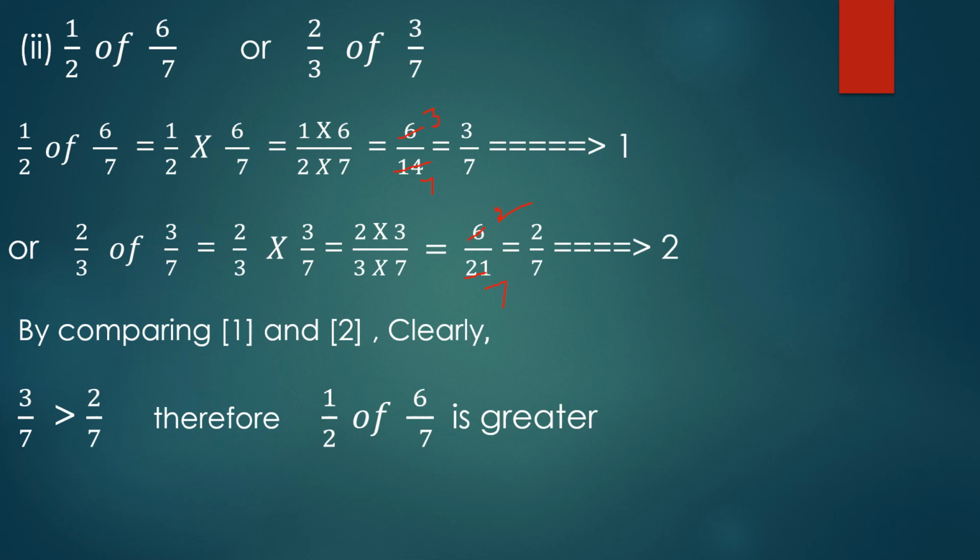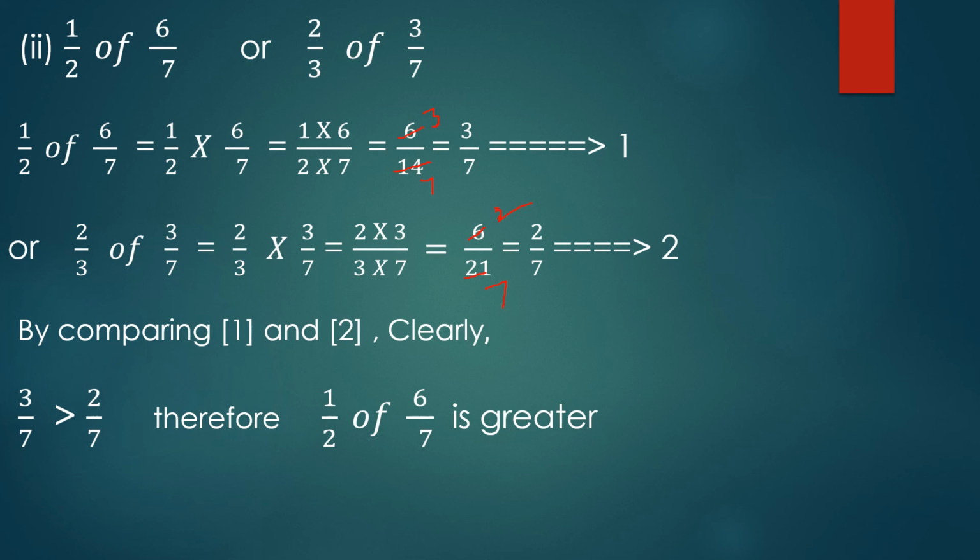Therefore 2 by 7 is the answer for the multiplication of these two fractions. Now we have 3 by 7 and 2 by 7 under comparison. So out of these two, which one is greater? Based on that we have to conclude whether 1 by 2 of 6 by 7 is greater or 2 by 3 of 3 by 7 is greater.